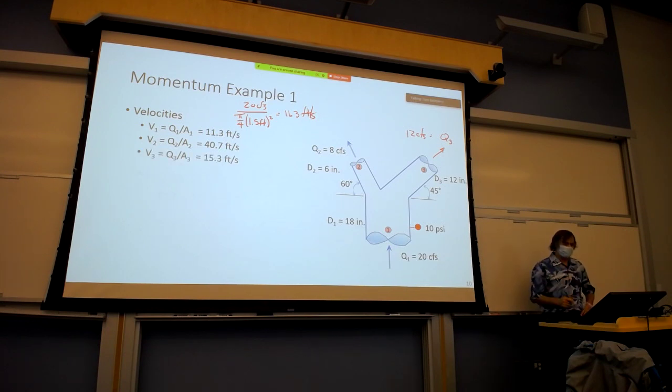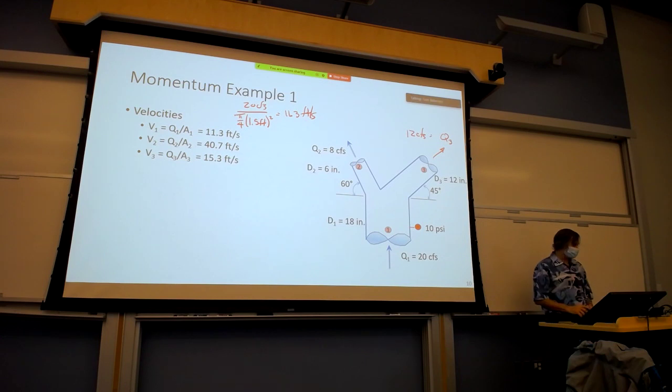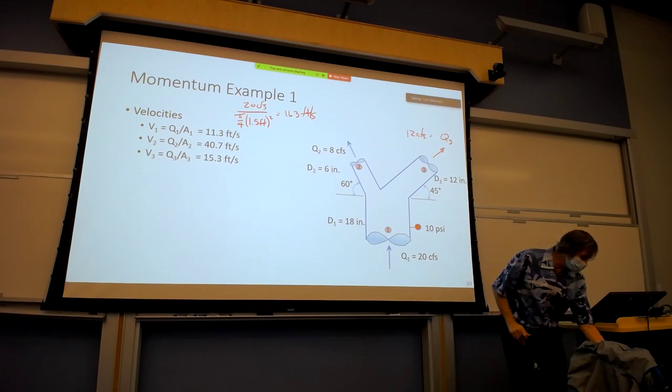At location 3, the pipe diameter is 1 foot, 12 inches, and we know we have 12 cubic feet per second, so again, that gives us 15.3 feet per second. So not only is our V2 and V3 different in orientation from V1, but they're different in magnitude. Okay, so we'll have these three velocities to continue.